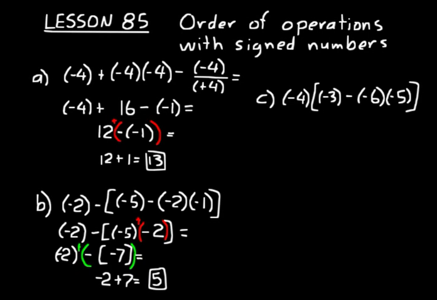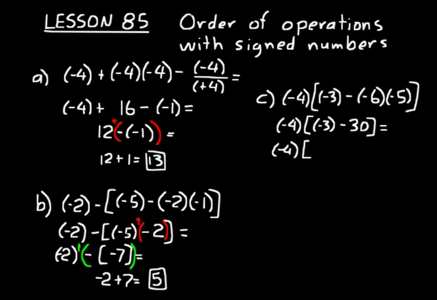Let's do one more order of operation problem. Work the innermost set of parentheses first. We have a -4 times a -3 minus a -6 times a -5. So really that's just saying -30. And then we'll have -4.